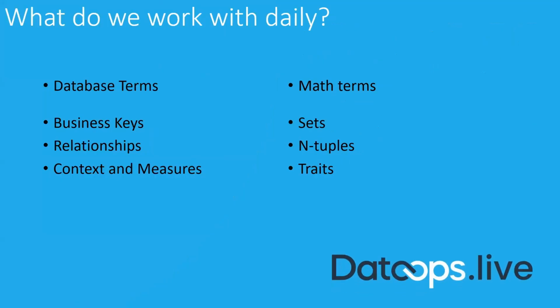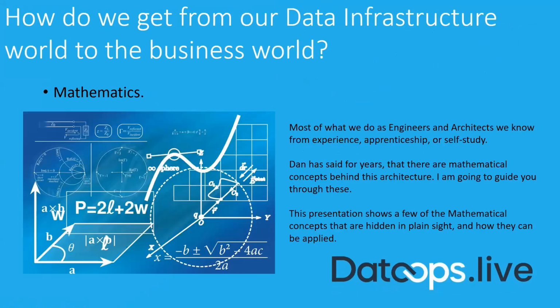All right, so what are the various things that we work with on a daily basis? When it comes to building things like Data Vault, we work with business keys, relationships, context, and measures. Well, in mathematical terms, these can be interpreted as sets, tuples, and traits. And these are the easy parts.